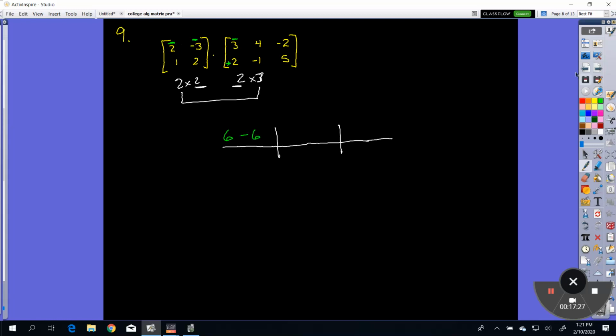Now I'm going to take the first one in the row times the first one in the second column. So 2 times 4 is 8. Second in the row, negative 3 times the second one in the second column. Negative 3 times negative 1 is a positive 3.